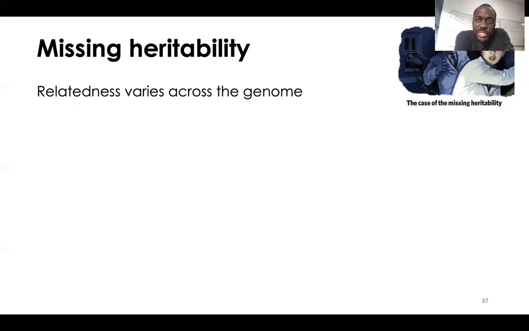In order to understand that disconnect we may have between heritability estimates obtained from pedigree analysis or those obtained with a handful of SNPs, we have to recognize that relatedness varies across the genome.